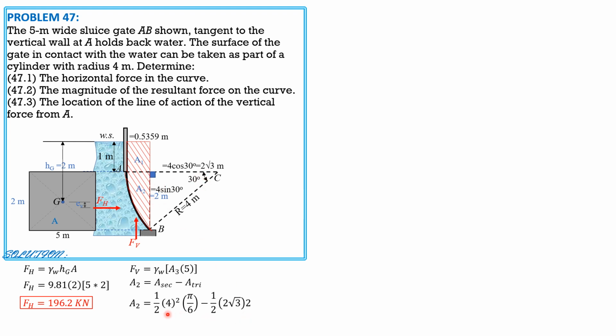So the area of the sector, if simplified, is 4/3 pi. The area of the triangle, if simplified, is 2 square root of 3. So area 2 can now be computed. It is equal to 0.72469 square meter. Therefore, area 3 is area 1, which is 0.5359 times 1, or simply 0.5359 square meter, plus area 2, 0.72469, and area 3 is equal to 1.2606 square meters.